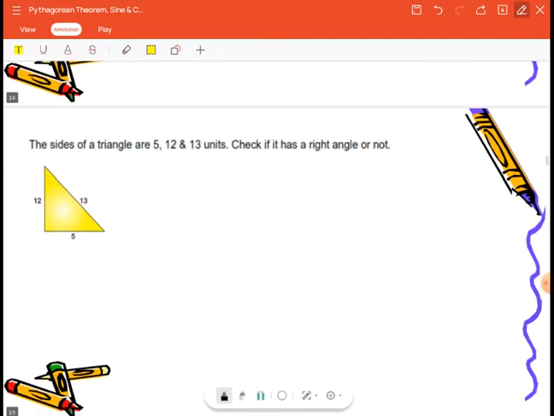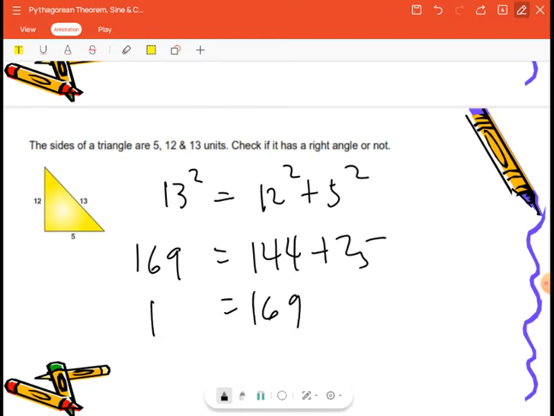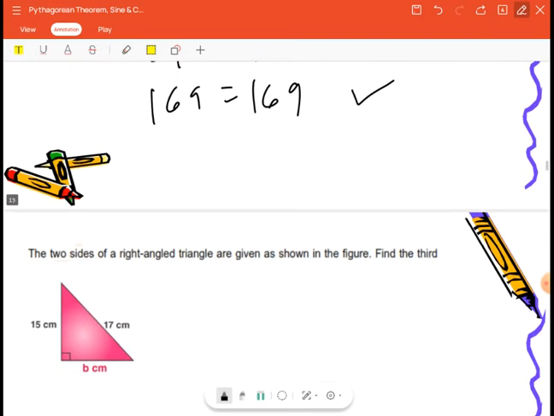Ito naman, i-check natin kung tama siya, kung pwede siyang gamitin. So, this should be equals to 13 squared is equals to 12 squared plus 5 squared. Whatever the value, ito ay 169. Ito ay 144 plus 25, and 169. 169. So, therefore, ito ay correct. Right angle nga siya. Right triangle.